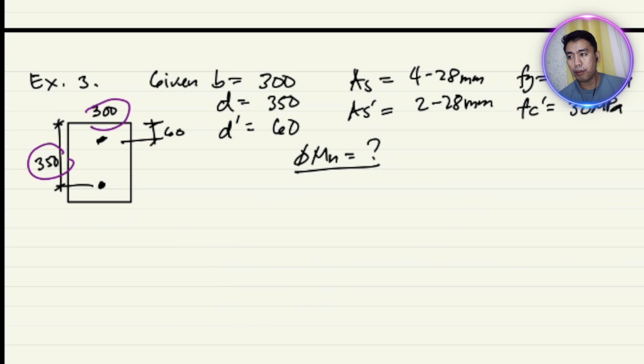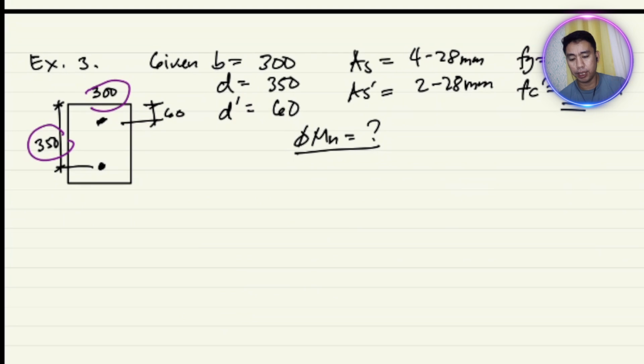AS prime is dalawang 28 mm. And then we have FY 345. FC prime is 30 megapascal. So remember, ang 30 greater than 28. So iba naman yung value ng beta 1 natin. Maybe we'll compute first the beta 1. Ano yung beta 1?